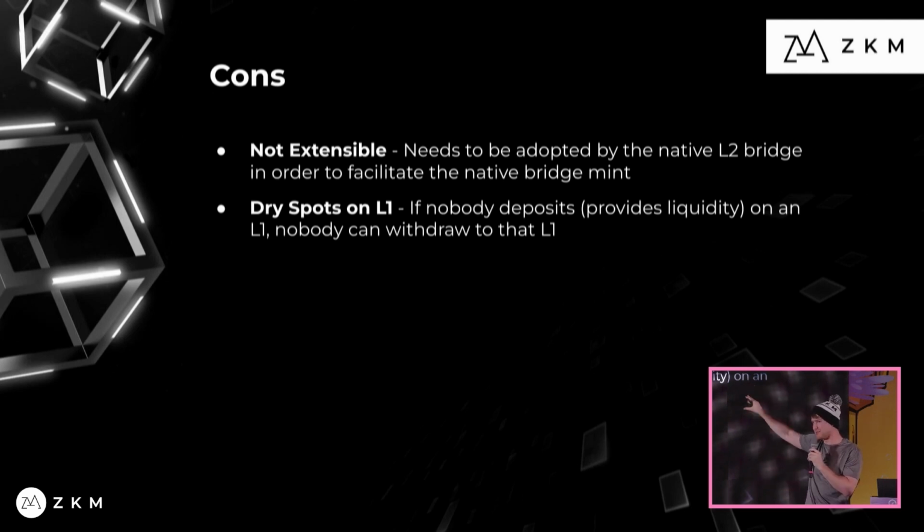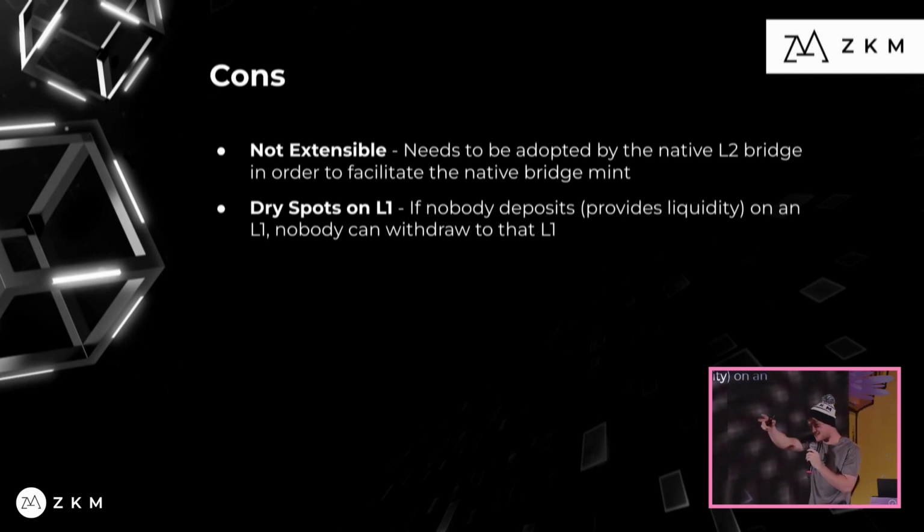So it does have to be implemented within the native bridge on the L2. It has to be adopted, and you have to make sure that the ZK proofs are working correctly on every single implementation. One mistake potentially can lead to mass withdrawals of, oh no.